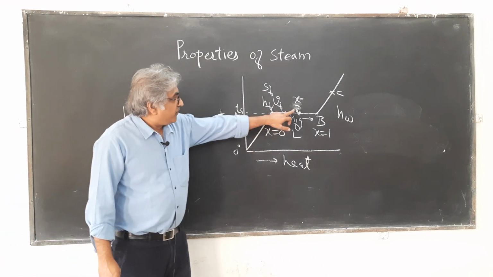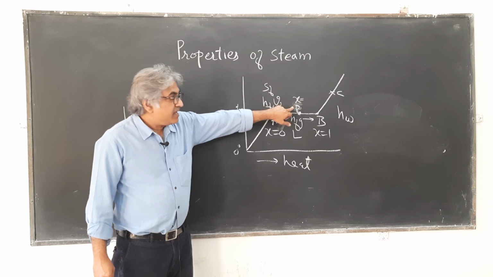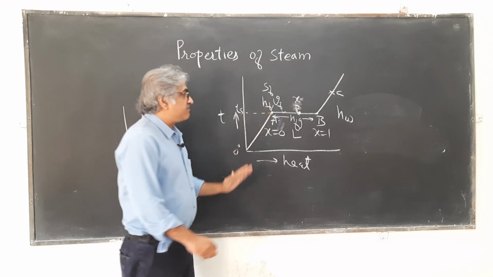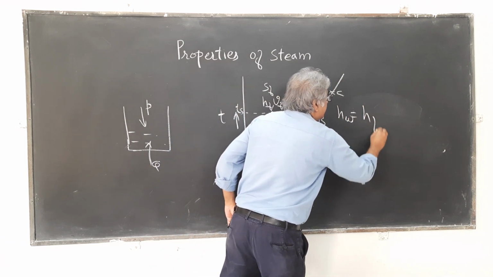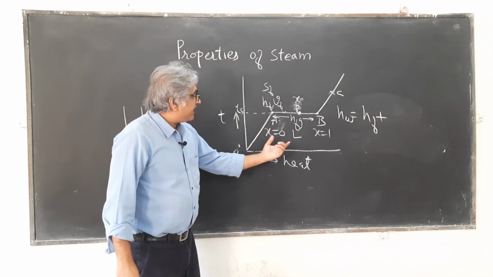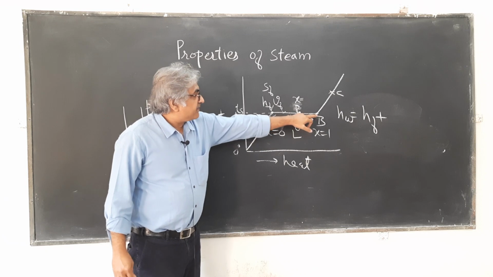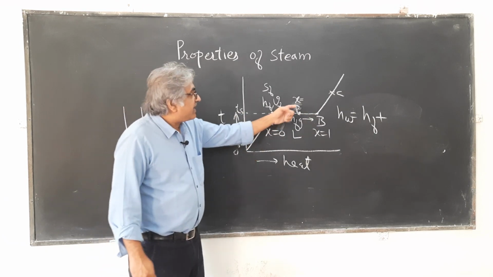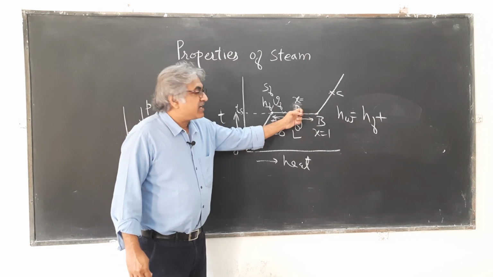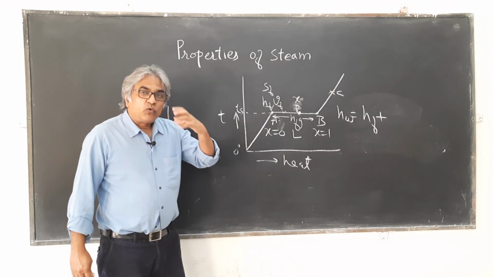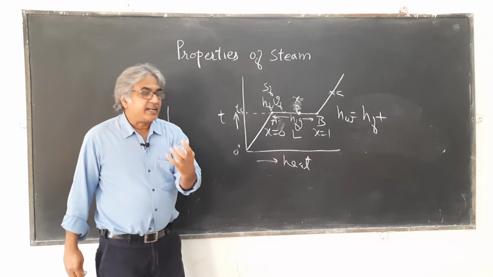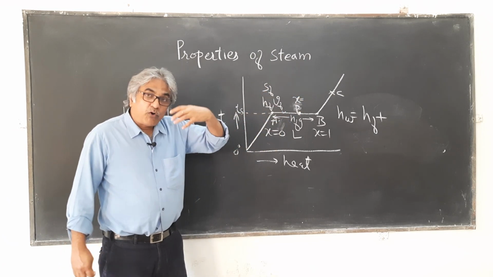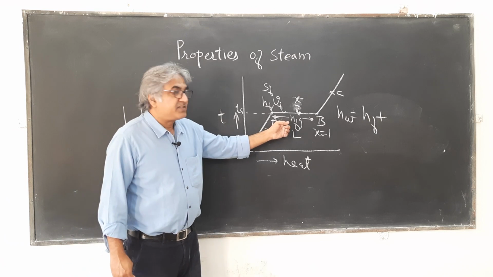If you want to find the enthalpy at point P, you have already given hf and reached saturation temperature. So it is hf plus, if you had added the total hfg, you would have come to point B, and the steam would have been dry saturated. But we are not coming to point B, we are somewhere in between. That means only a fraction of hfg is added. If x is 0.6, that means only 60% of hfg is added.